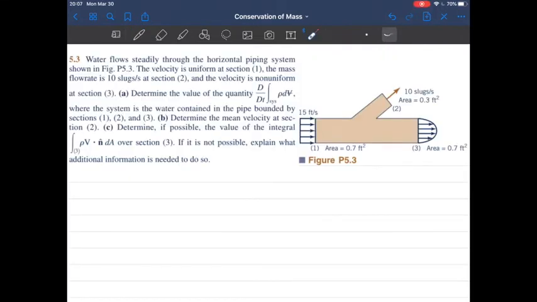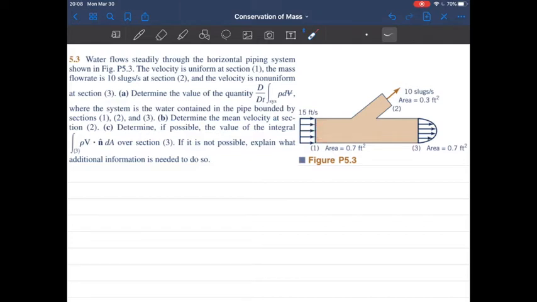So the first problem for the conservation of mass says that water flows steadily through the horizontal piping system shown in the figure. The velocity is uniform at section 1 here. And when it says uniform, it means that the magnitude of the velocity doesn't change with the position. It's the same in each position here.